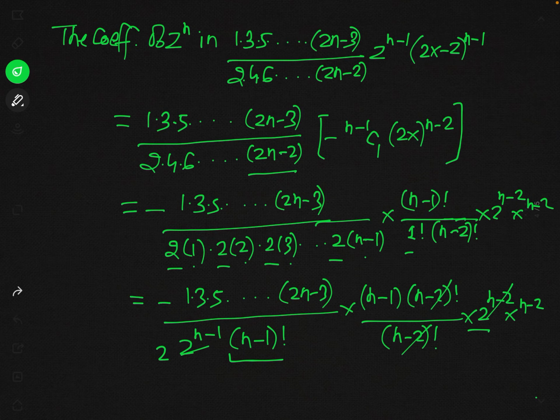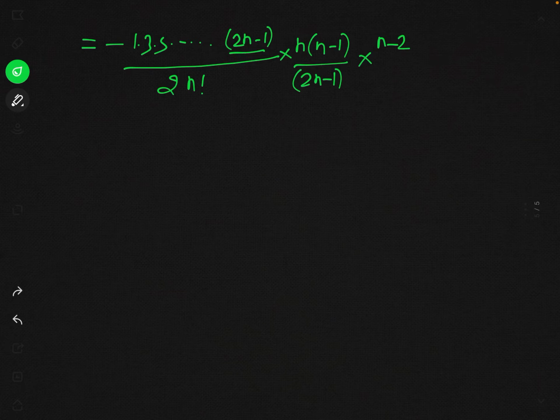to the power n-2, because you have seen that this 2 to the power n-2 has been cancelled out, so here only remains x to the power n-2.